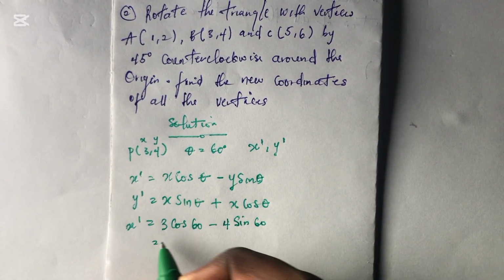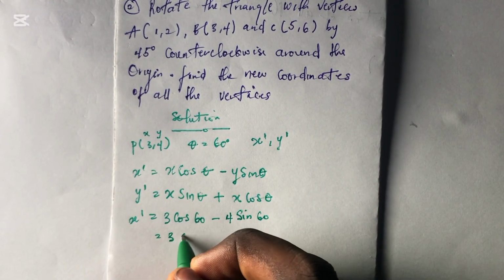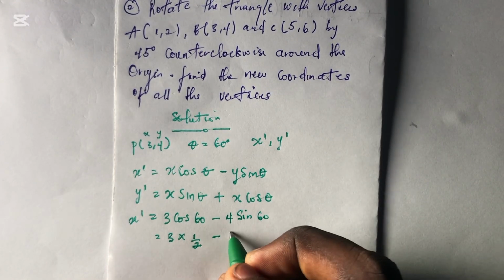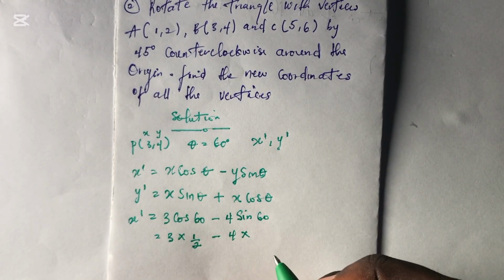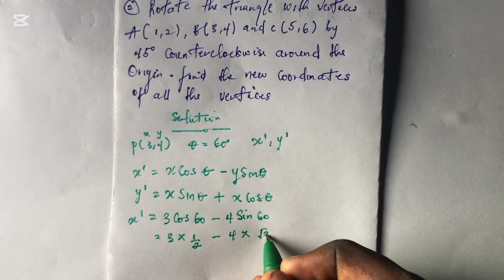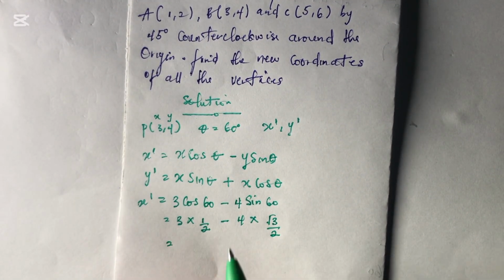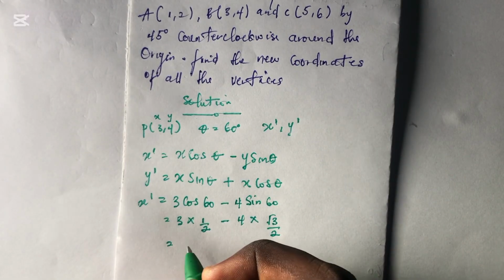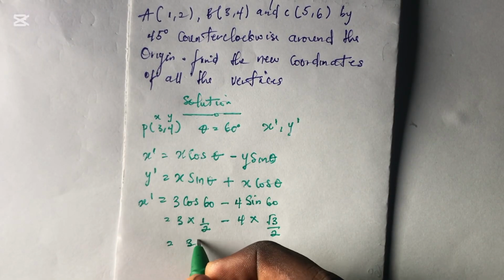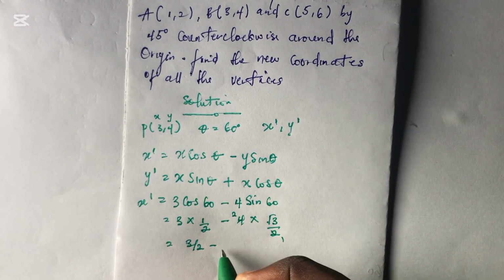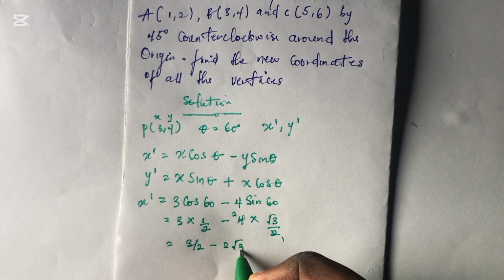So this equals 3 times cos of 60, which is a half, negative 4 times sine of 60, which is root 3 over 2. So this is going to be 3 over 2, negative 2 times root 3 over 2, which is 2 root 3.